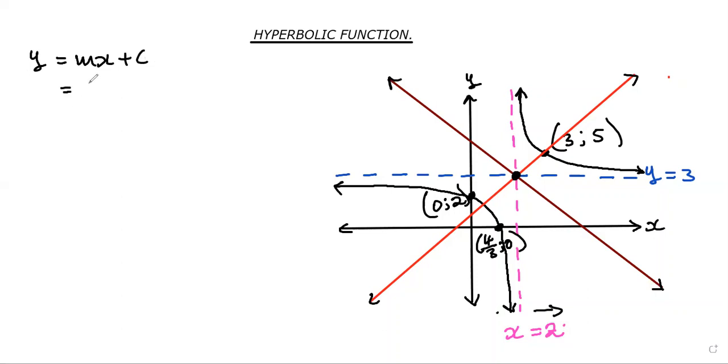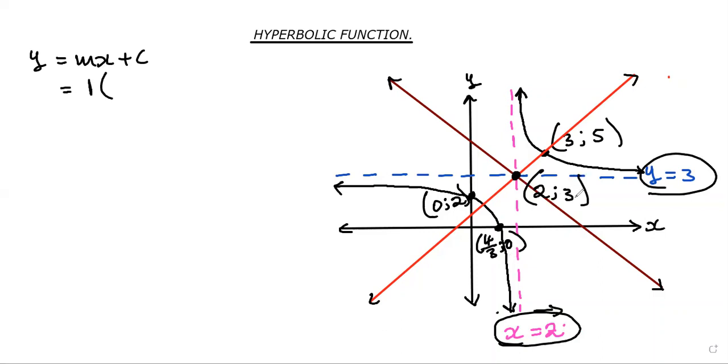We are looking for the line of symmetry with a positive gradient, so the gradient is exactly 1. Then for x and y, we are going to substitute the point of intersection of the two asymptotes. We can see that the asymptotes intersect when x is 2 and y is 3.